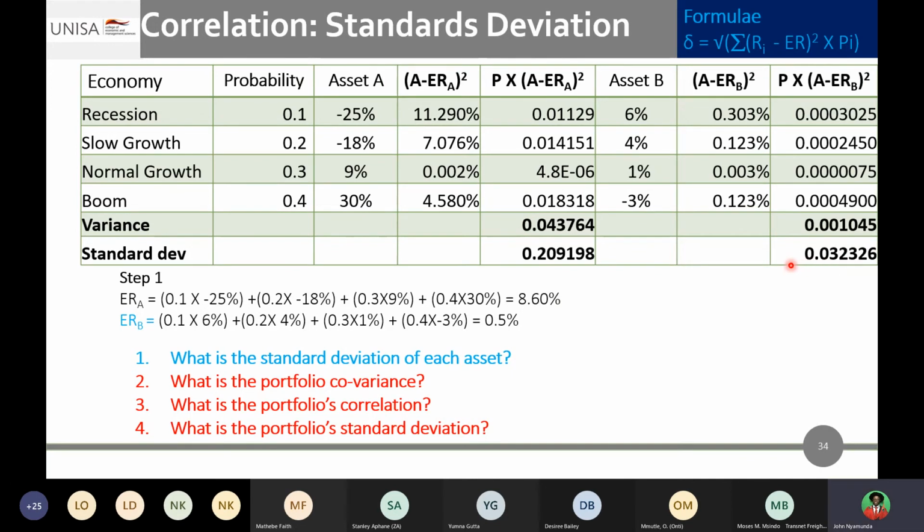The numbers are all very small. So our standard deviation is 0.03236, very close to Desiree's one. So that's the standard deviation for B. Very small numbers.